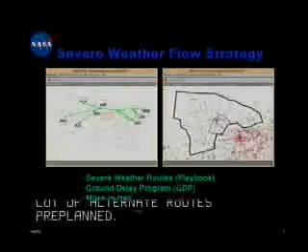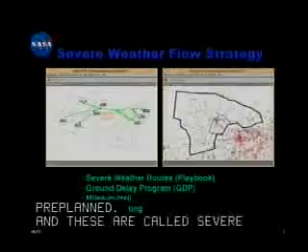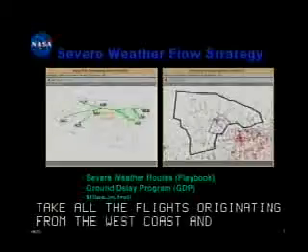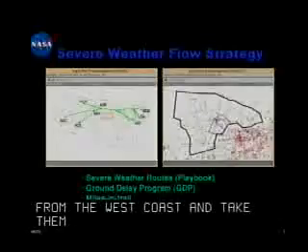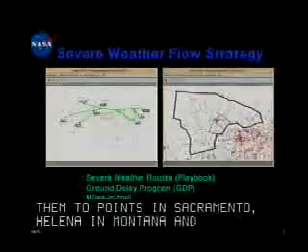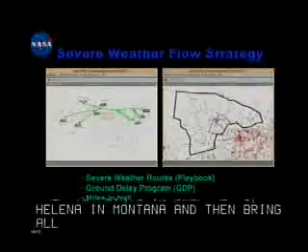In this case, what we do is we take all the flights originating from the West Coast and take them to points in Sacramento, Helena in Montana, and Bryce, and then bring all these aircraft up north of Chicago in the Minneapolis center.